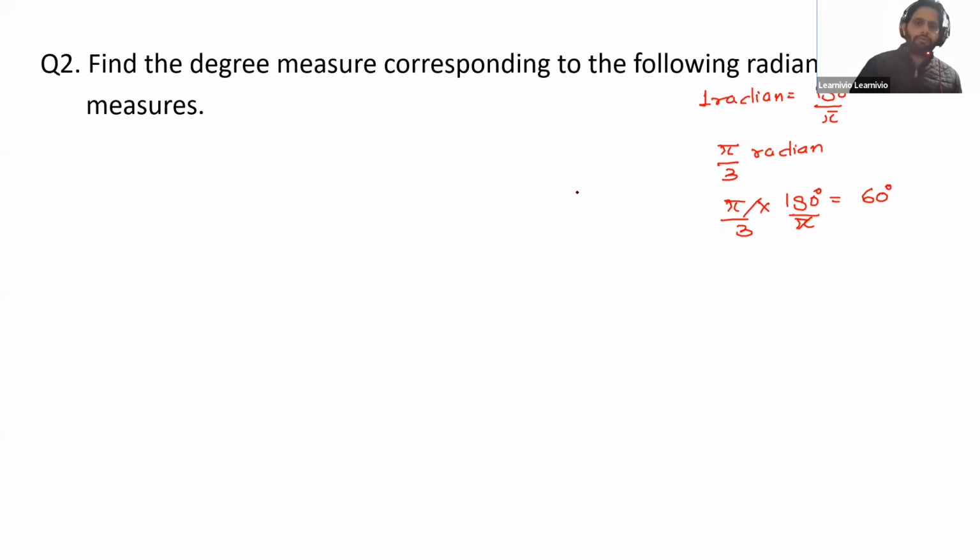There's no need to note down that question. Okay, please start this one. 2 pi by 15 radian, please share your answer. Krishna, very good.